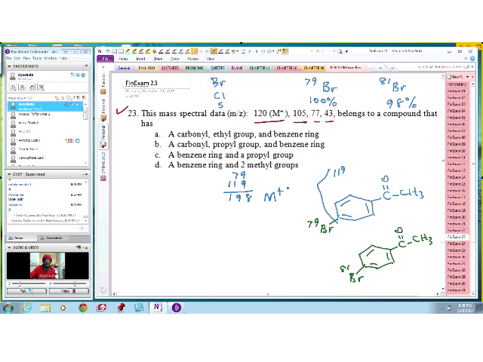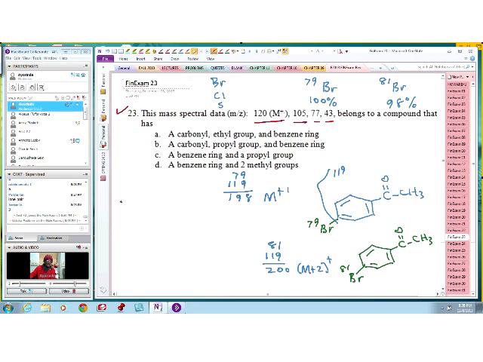We say that is your molecular ion. Then if you take the other isotope, the molecule that has bromine 81, that would be 81 plus 119, and that would be 200 atomic mass units. So this we refer to as the M+2 ion.